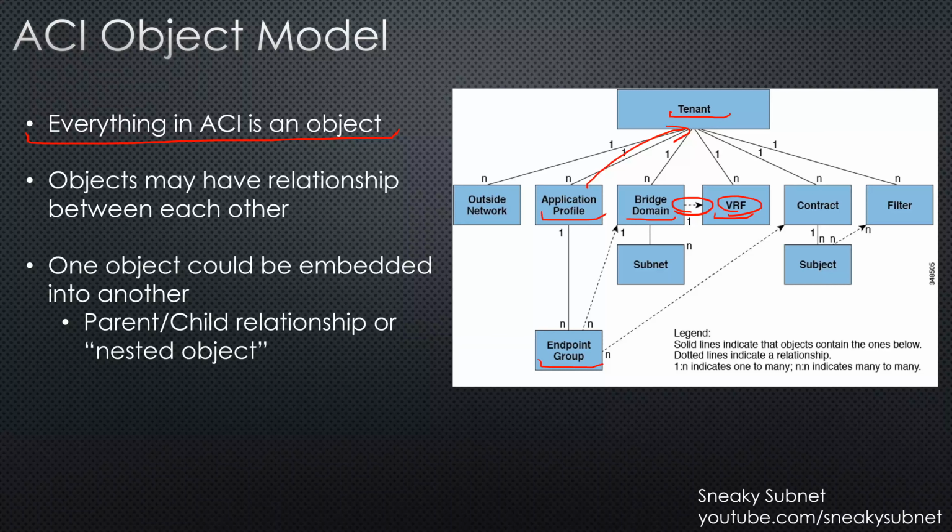In most cases, I would say that you don't need to know the whole ACI object model, the whole tree, the whole hierarchy, because this object model is quite big. I would say it's huge. So typically, if you want to automate some simple task, if you want to create, I don't know, 100 bridge domains, you should understand what the API representation looks like for this particular object, let's say for a bridge domain.